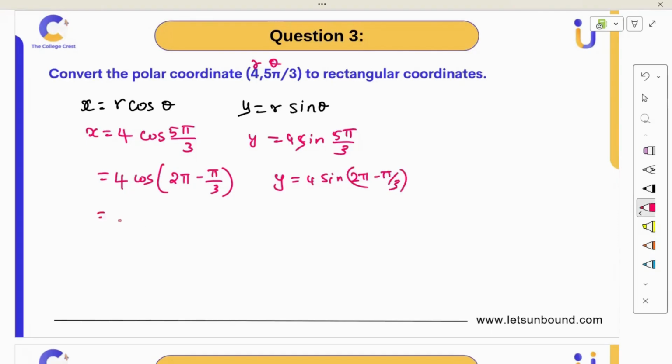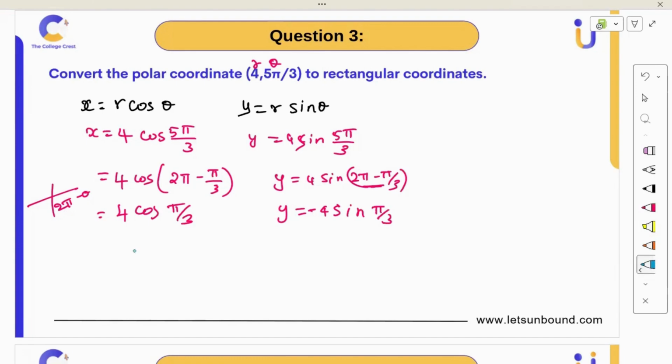For cos of 2 pi minus theta, the angle lies in the fourth quadrant where cos is positive, so it will be positive 4 cos pi by 3. And y will be negative, because in the fourth quadrant sine is negative, so minus 4 sin pi by 3.